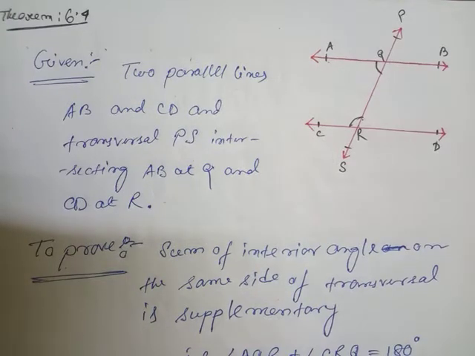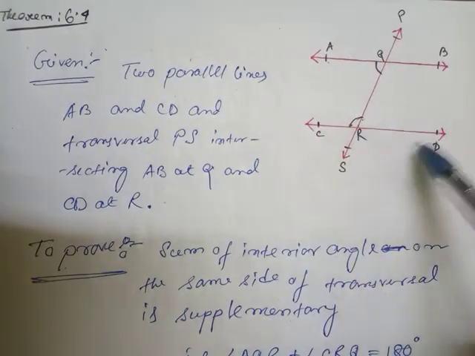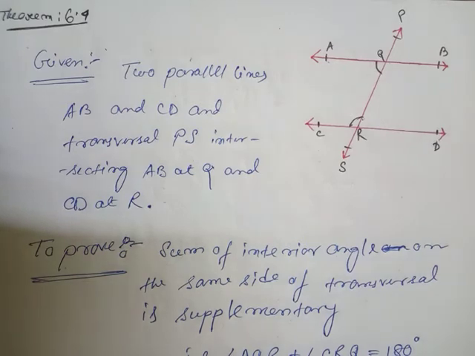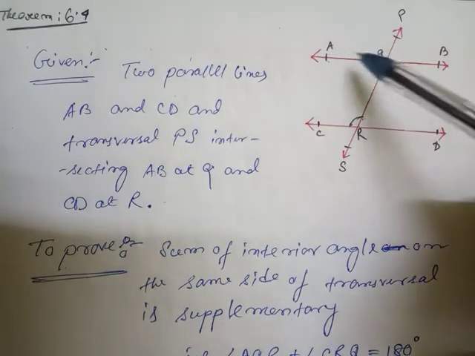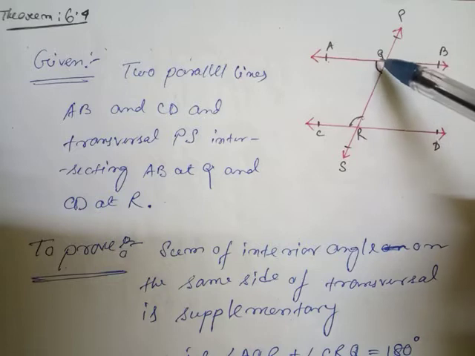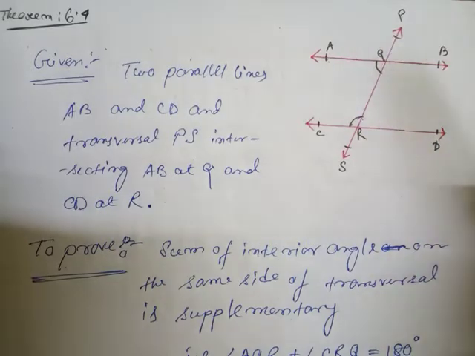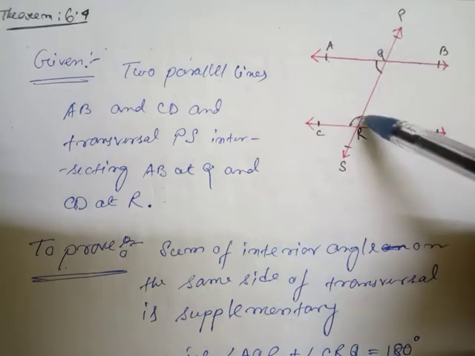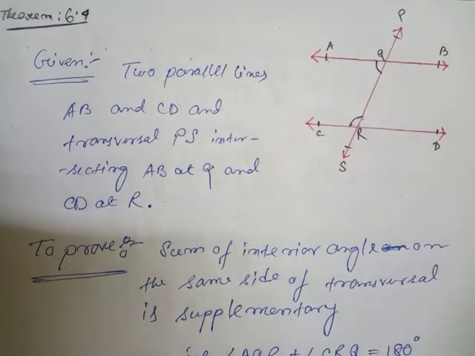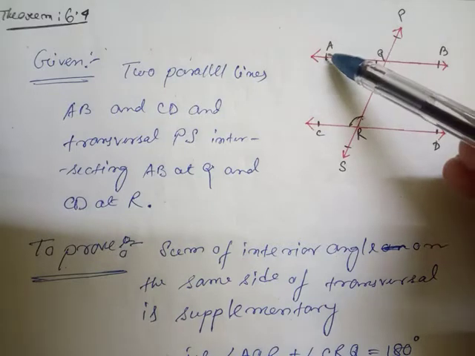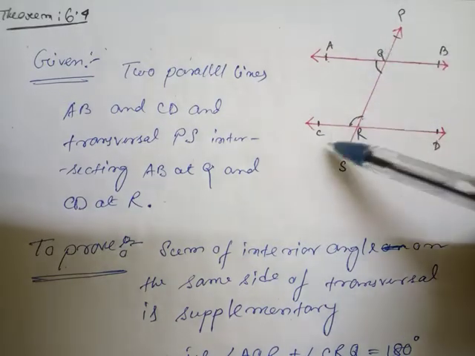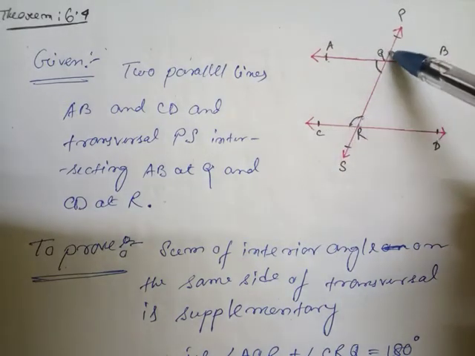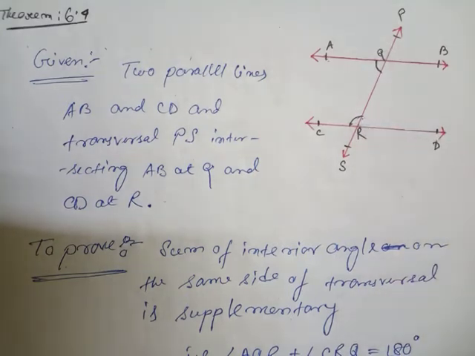Look now, student, in the diagram, lines AB and CD, and PS is the transversal.